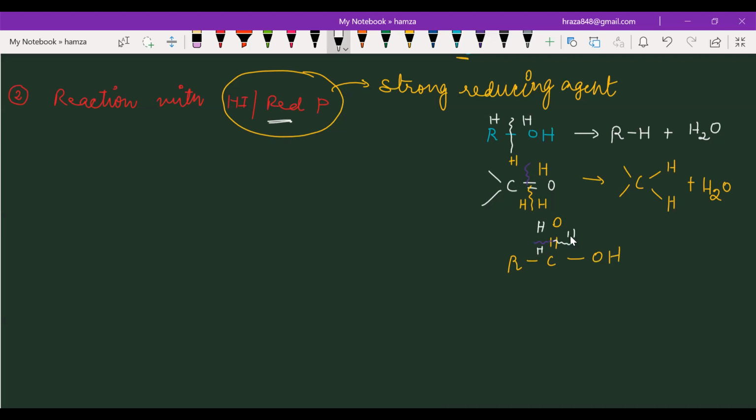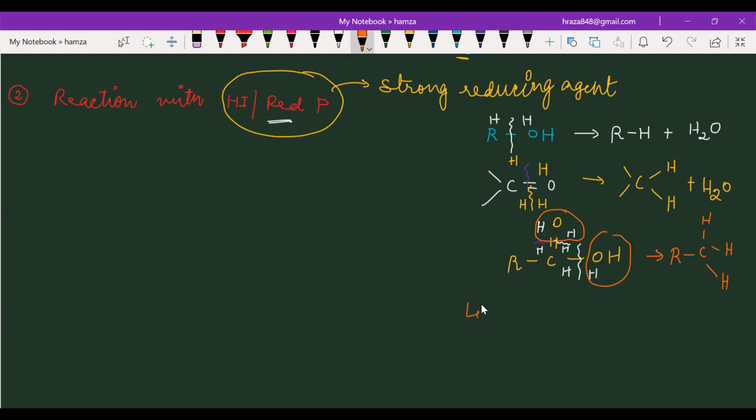Another bond like this will also be broken, H and H. Now you can easily see that this H2O and this H2O will be eliminated, and what we will be left with are CH and H and H. That means carboxylic acid is also converted into alkane.